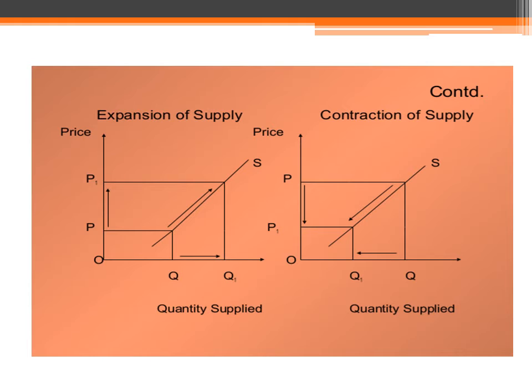So this is the graph of expansion of supply and contraction of supply. When price increases, supply also increases, which leads to an upward movement along the supply curve. When price decreases, quantity supplied also decreases, which leads to a downward movement along the supply curve.